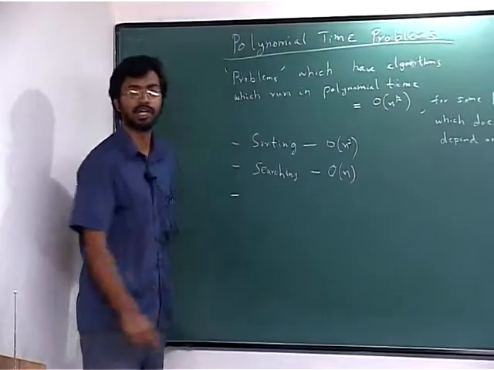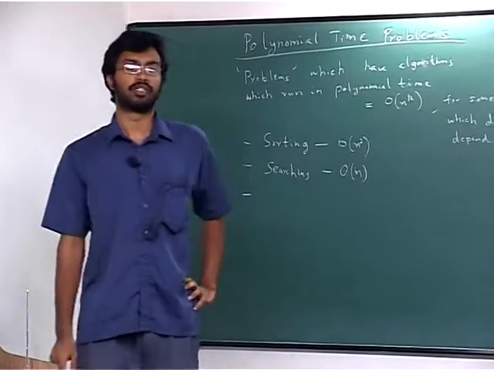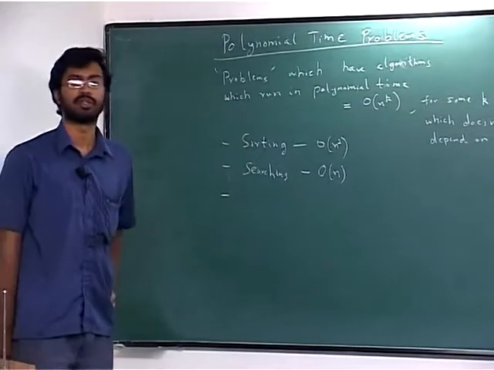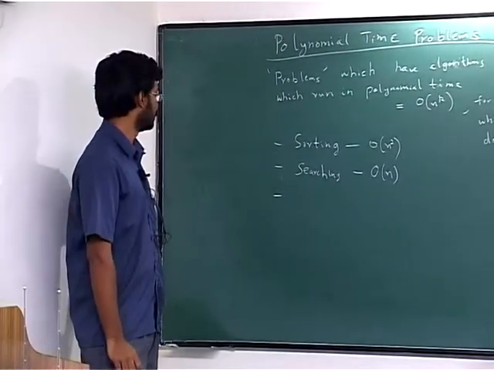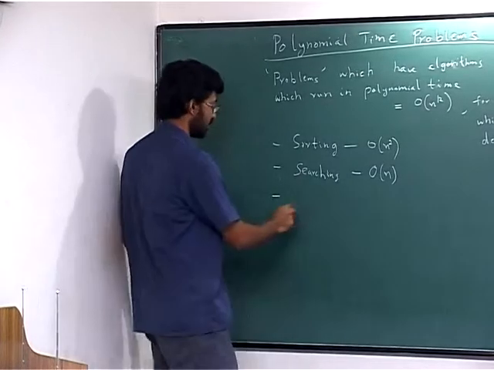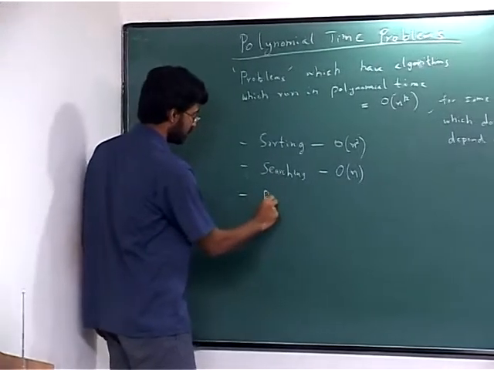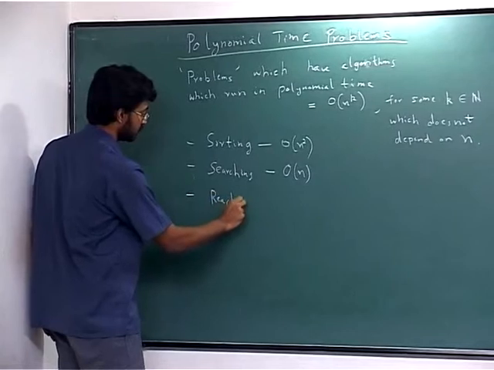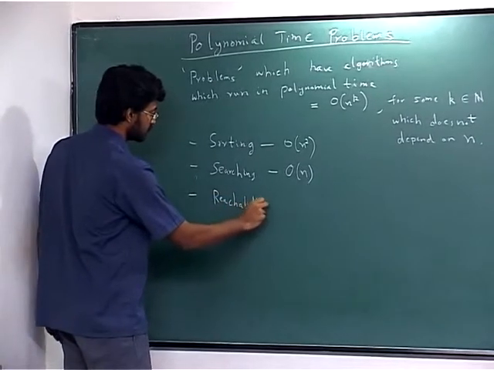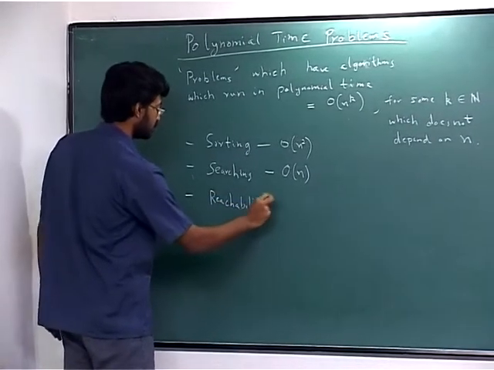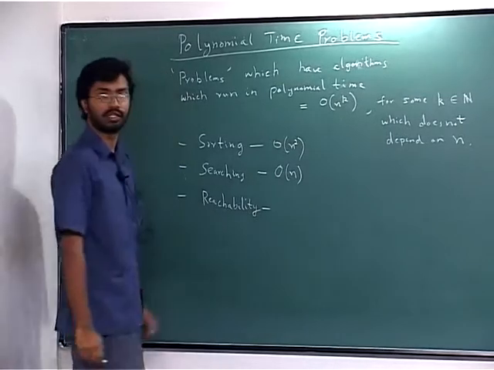Let me just list down some graph problems which also have polynomial time algorithms. Example, the problem of reachability. So what is reachability?